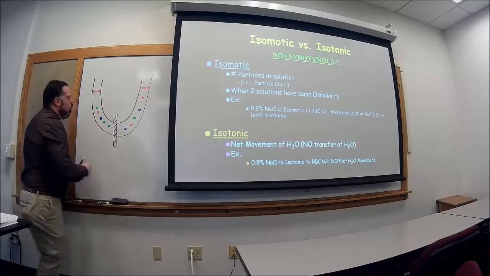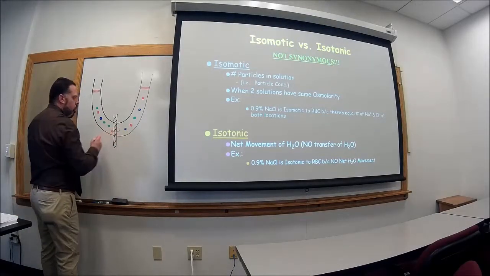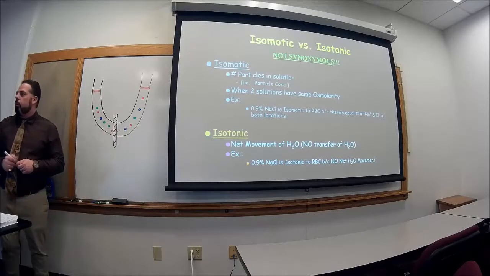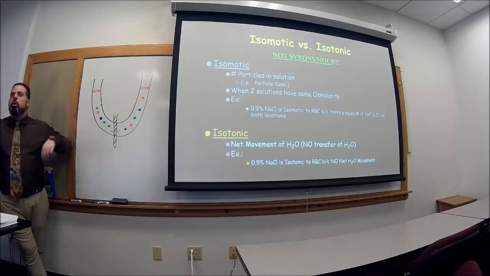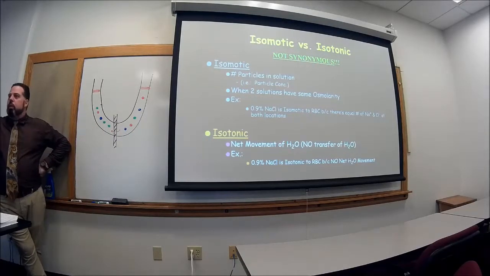The water shifted through there. Now there's not going to be any fluid movement. So we now say it's isotonic. And that's why we give 0.9% sodium chloride, because we want to make sure that there's not going to be a shift of fluid from the cells in or out of the cells.